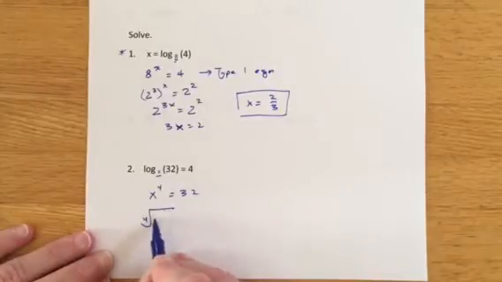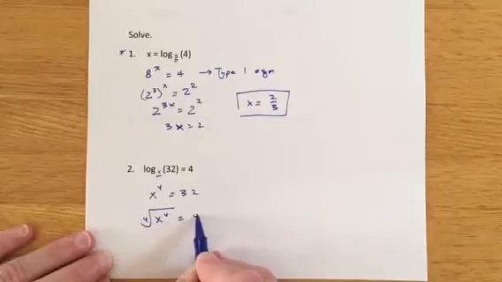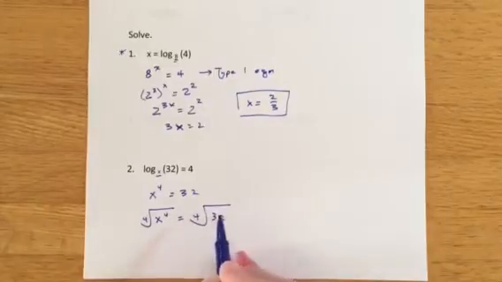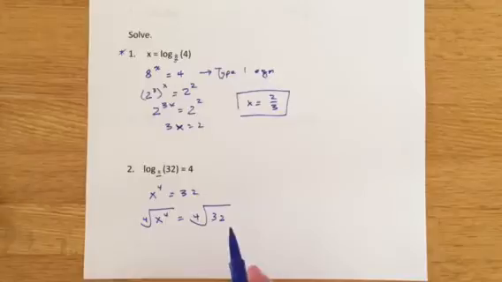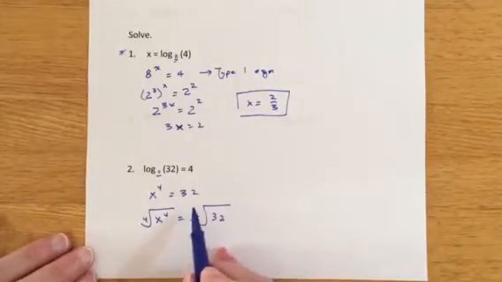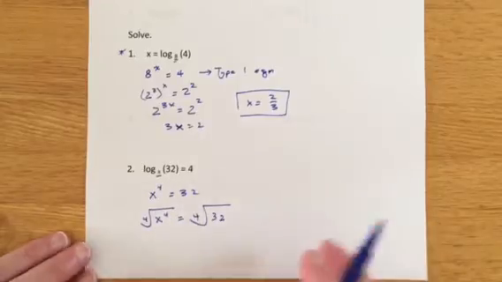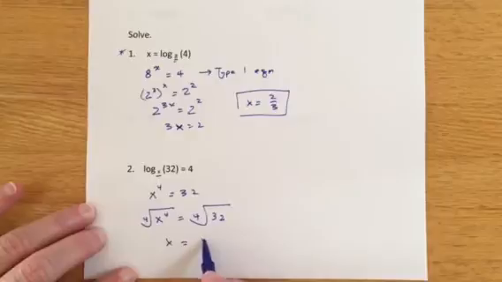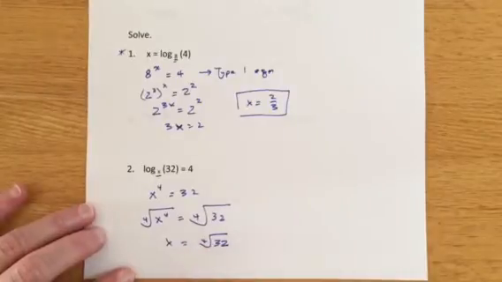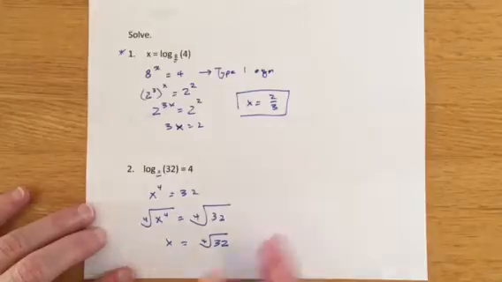We take the 4th root of x to the 4th, which is the 4th root of 32. Keep in mind we typically need a plus or minus when taking a square root, but it's a base here, so it has to be positive. So x is just going to be the 4th root of 32.